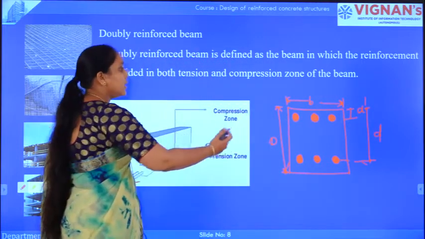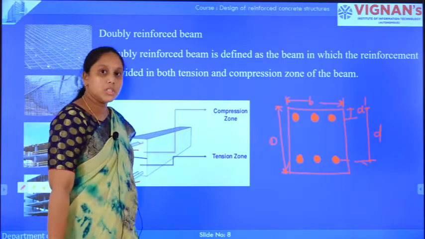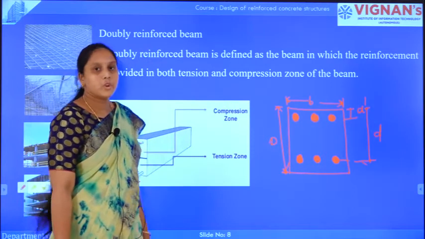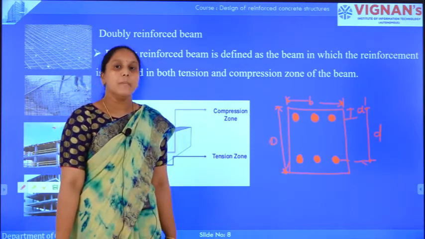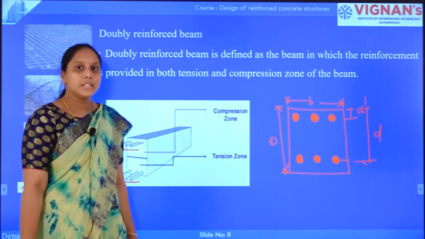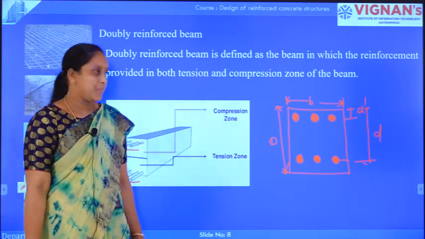This is the cross section of a doubly reinforced beam. These are the 2 types of beams based on the placement of the reinforcement. Now let us see what is the need of designing a beam.